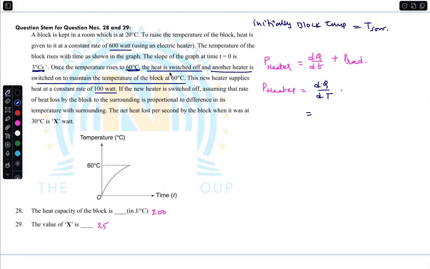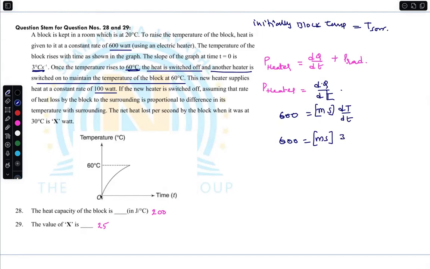So heat capacity, I think you uttered somewhere: MS. This is called heat capacity. MS dT by dt. You said initially you are giving 600 watt. 600 is MS times 3, where 3 is the slope.